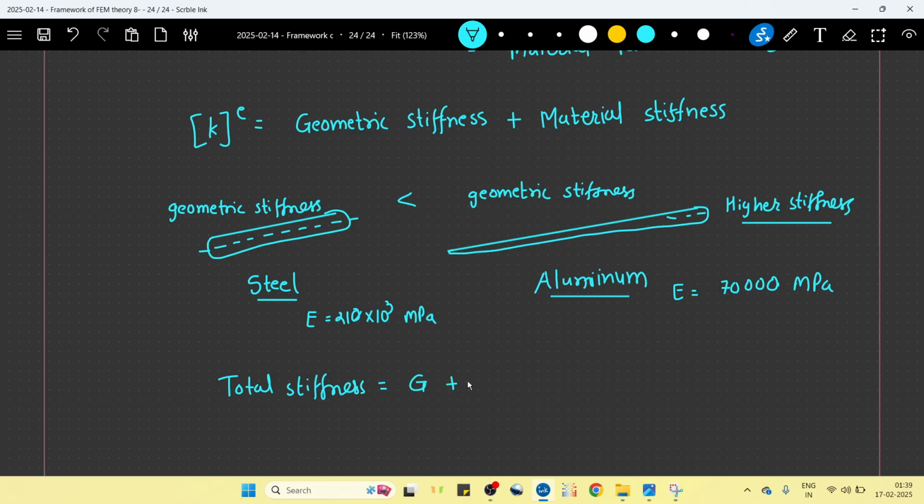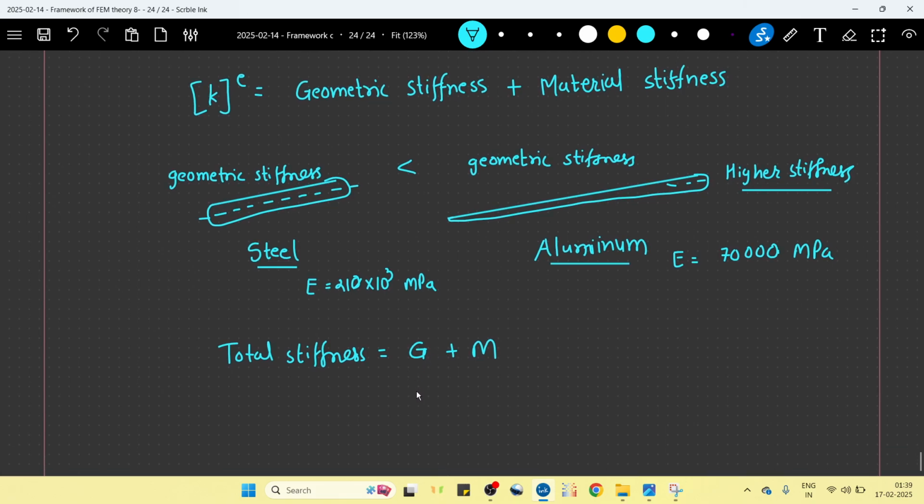Geometric plus material. Another example: if we take an aluminium needle, we can easily pierce or make a dent in a steel structure with the aluminium needle.